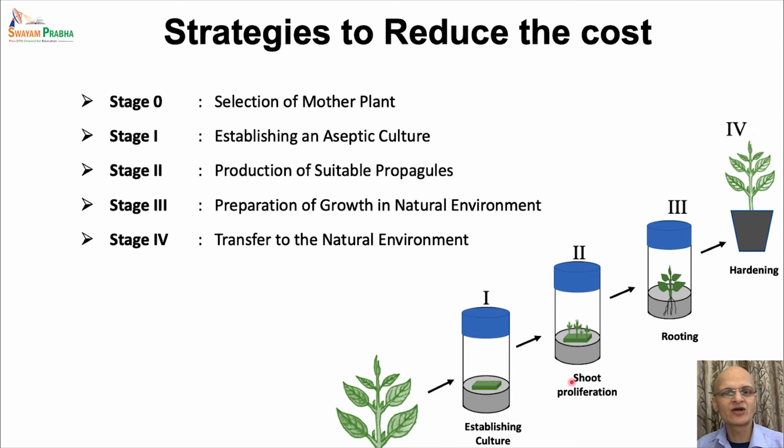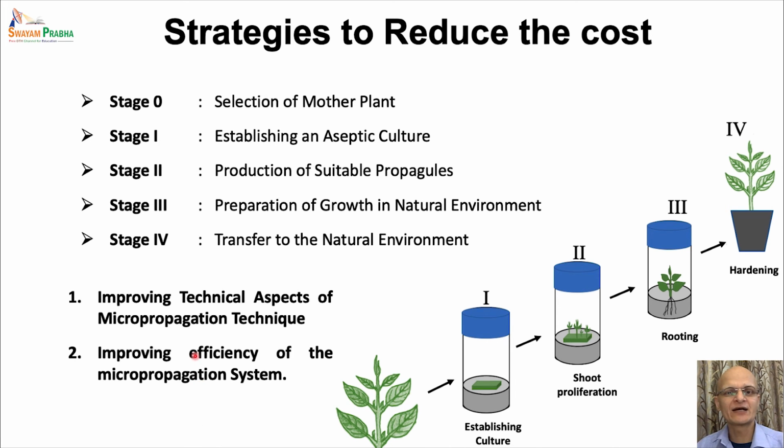And each and every stage or activity adds to the overall cost of the micropropagated plantlets. So for the cost reduction of micropropagated plantlets, we can work at two fronts.